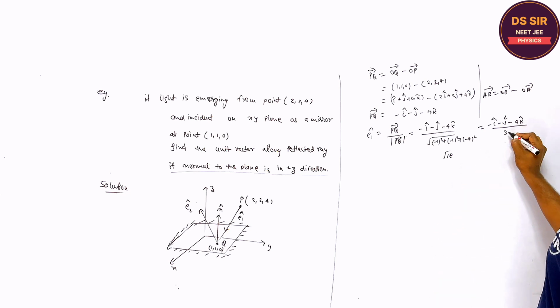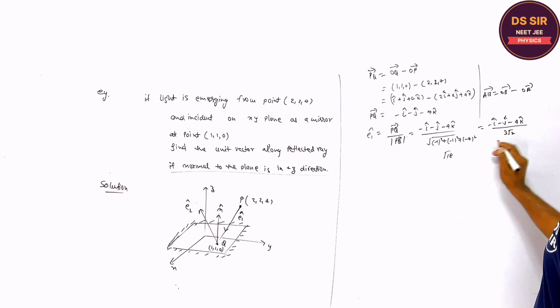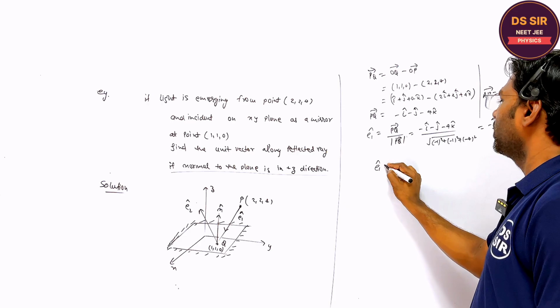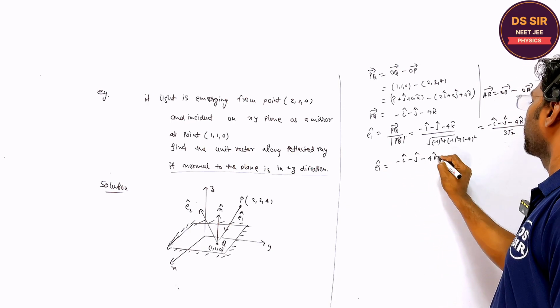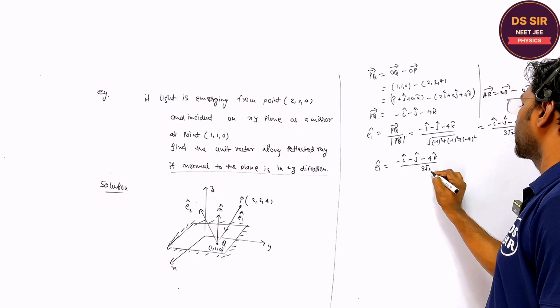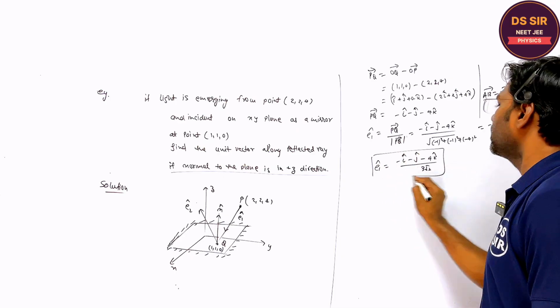It is 3 root 2, right? So this is the E1 vector we have found: minus i minus j minus 4k cap upon 3 root 2, right? This is the E1 vector.